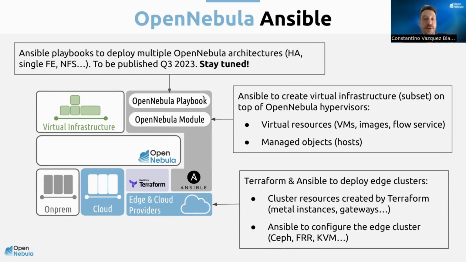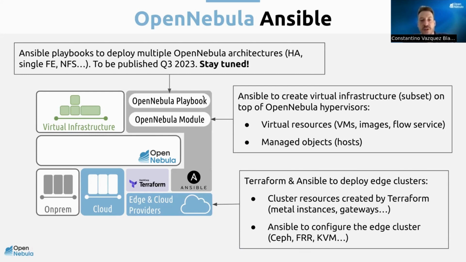And you're able to create different OpenNebula resources with it, like virtual machines, images, and even manage objects like hypervisor hosts. We are working on a new OpenNebula playbook to be able to deploy OpenNebula itself using Ansible in different architectures: high availability, single front end, different storage and networking backends. And we are planning to publish that in the third quarter of 2023, so stay tuned for that.